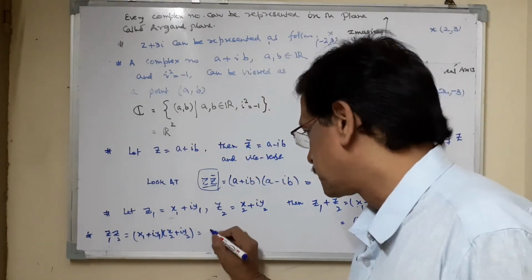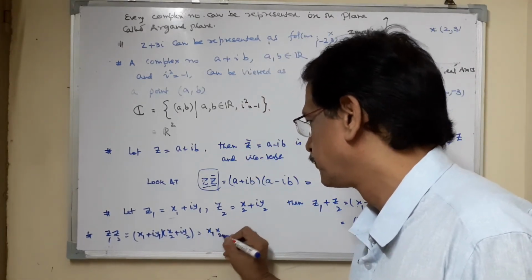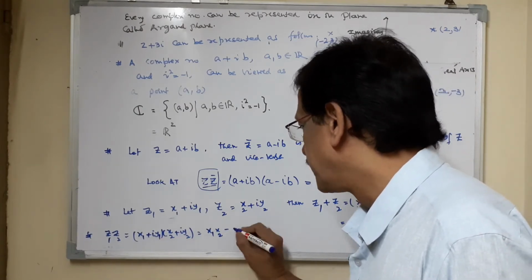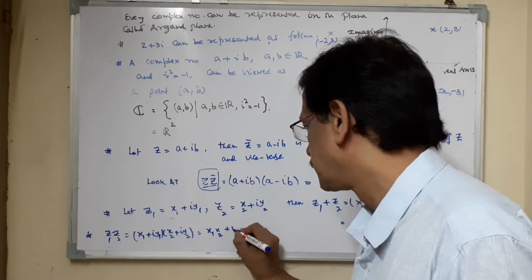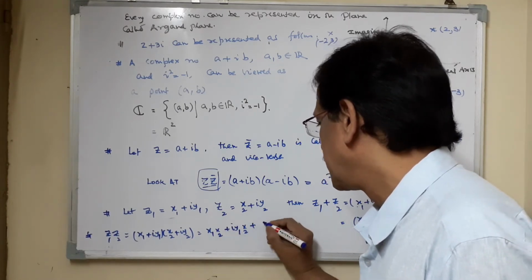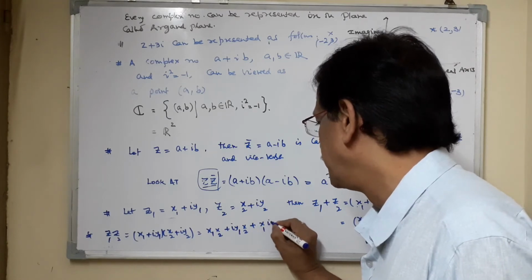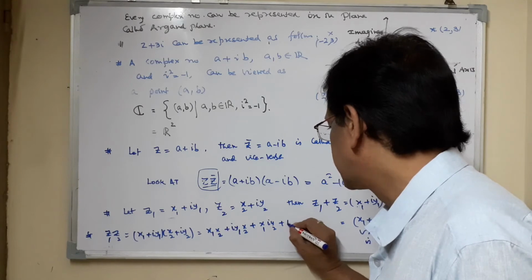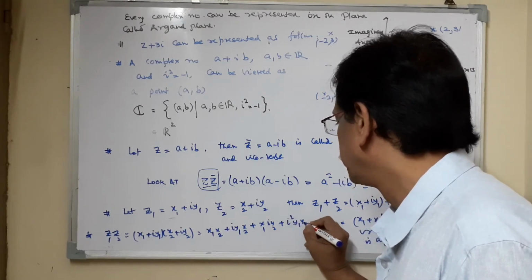I'll get x1 x2 plus iy1 x2 plus x1 iy2 plus i square y1 y2.